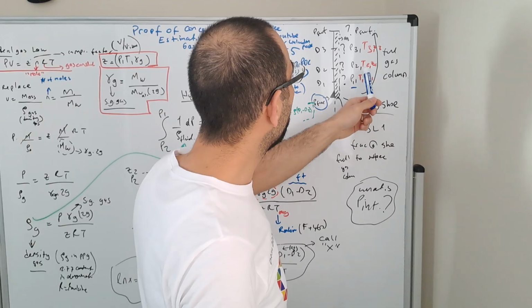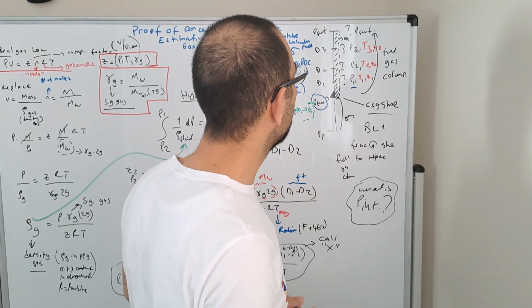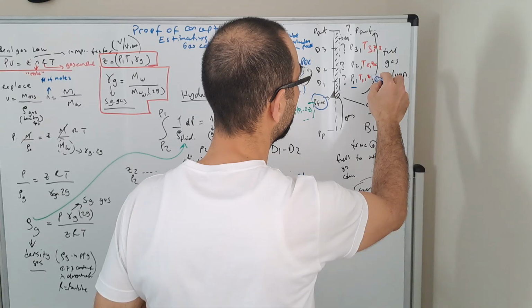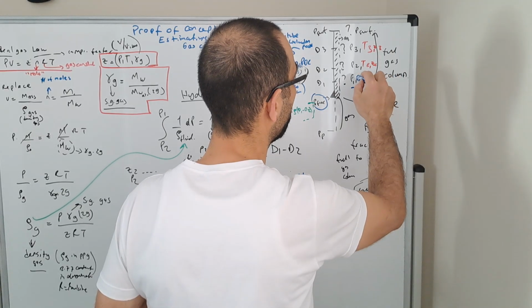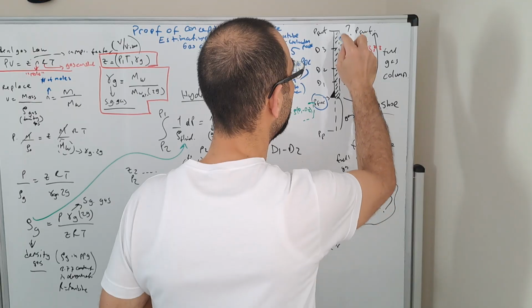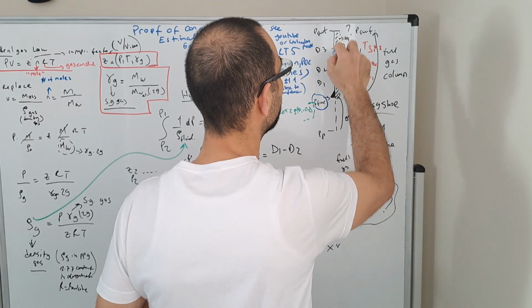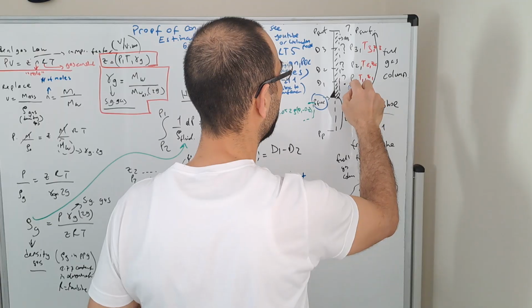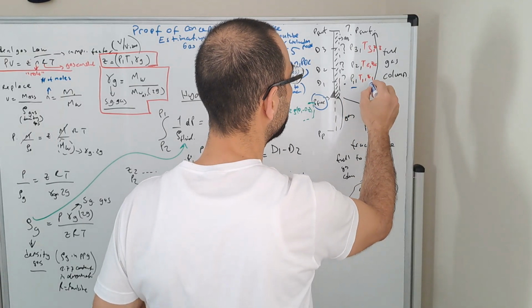So at every depth you have different values of the compressibility factor, because you have different pressure and temperature regimes.